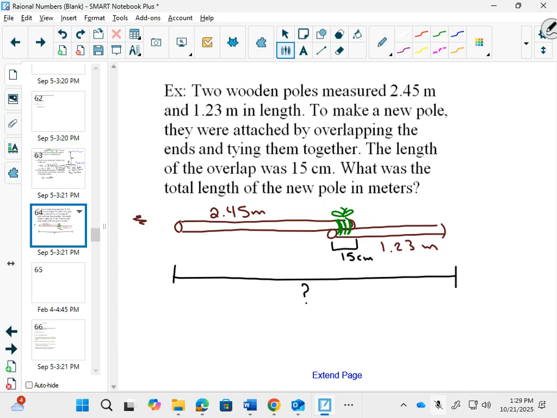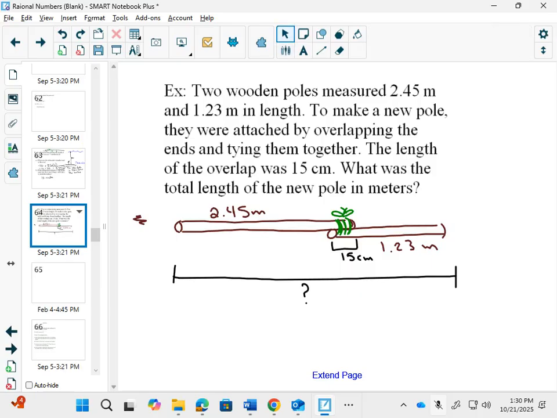Why can't we just add the two numbers together? Why can't I just go 2.45 plus 1.23? Because there's a little bit of the overlap, right? So we just add it to that. Would you take out the 15 or no? Would that work, right?